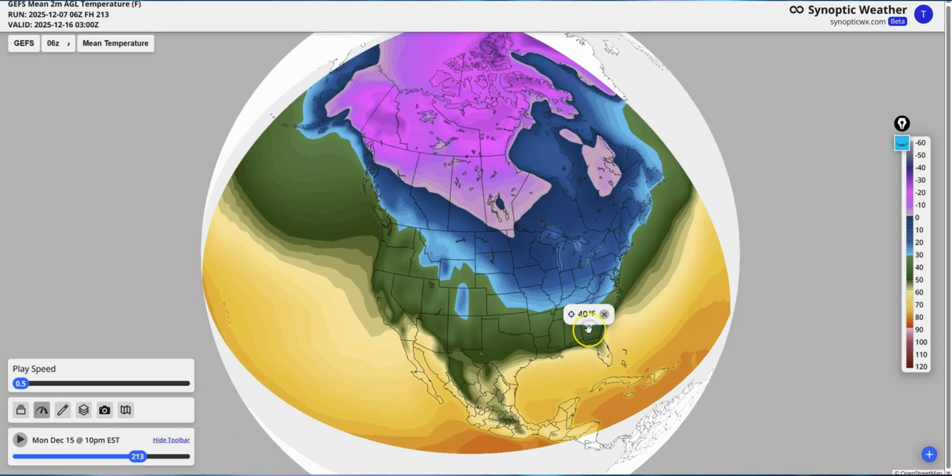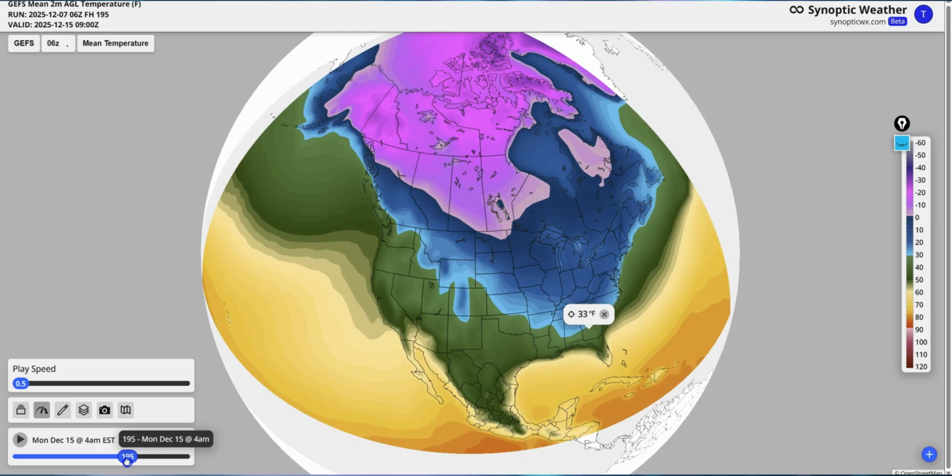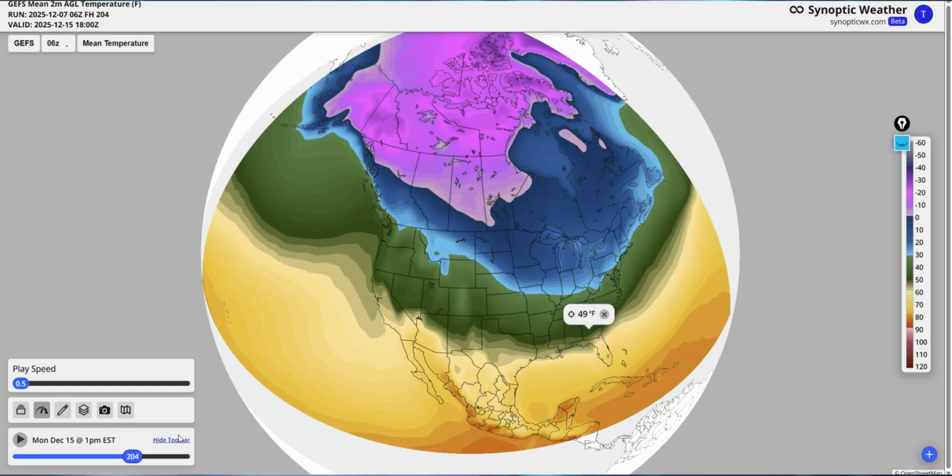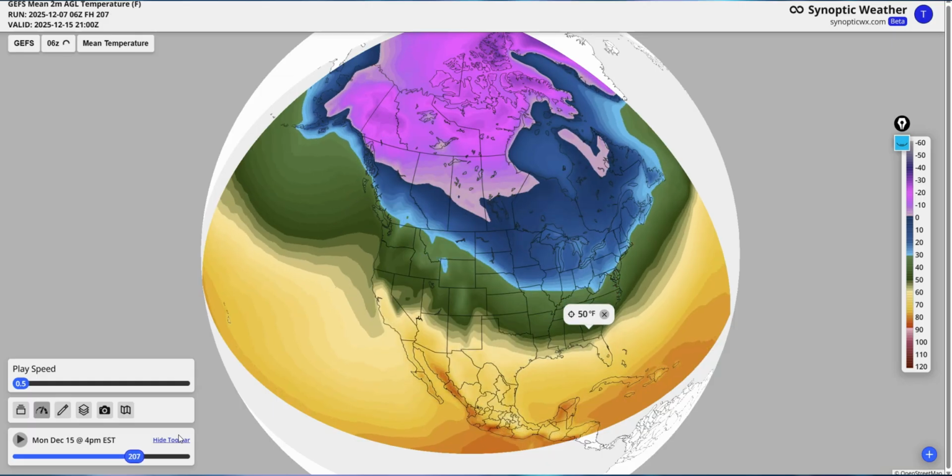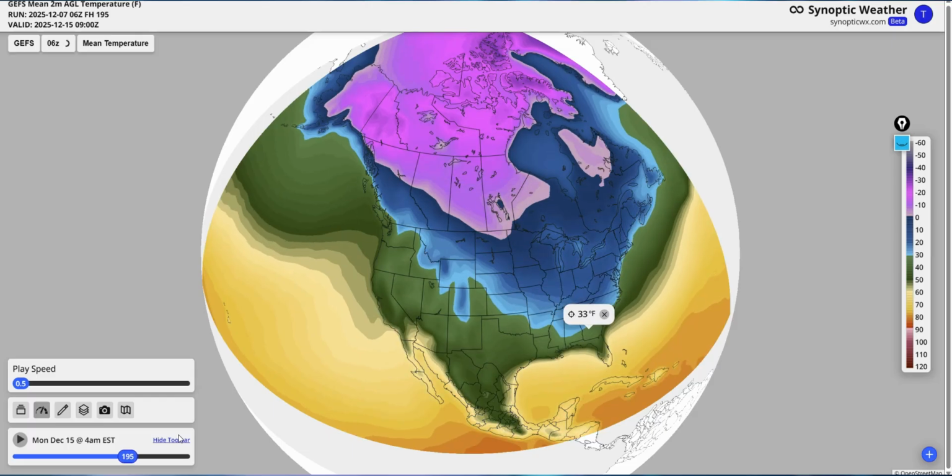Below normal here, 40 degrees Fahrenheit at 10 p.m. So 4 a.m., 7 a.m. That's pretty close to, that's below normal, guys. All right. So anywhere east of the Rockies, be prepared for the cold air intrusions, especially starting next weekend through next week.